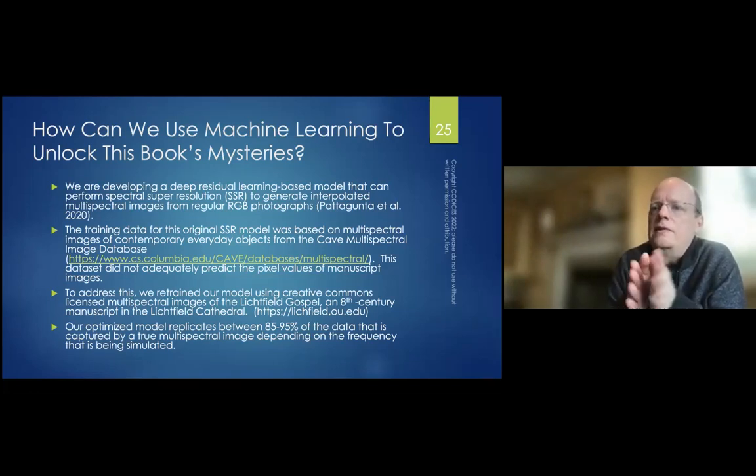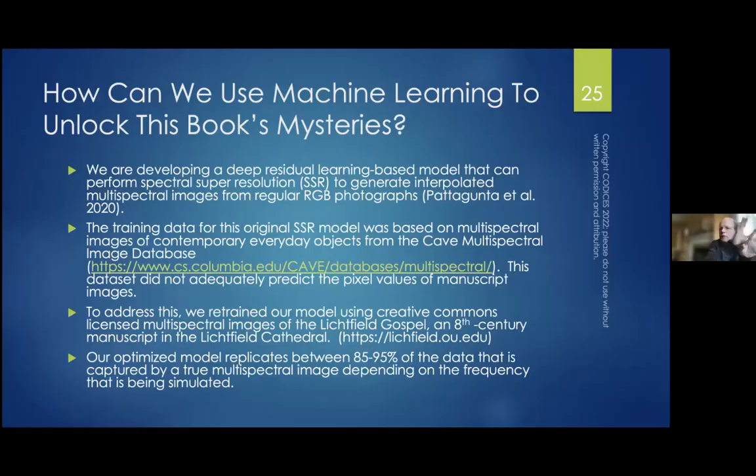It takes the three channels, the red, the green, and the blue, and trains them in a deep learning model with training data of a multispectral stack like I showed, and then uses that to predict what the pixel value would be at each specific frequency. Does that make sense? Yeah. Exactly.